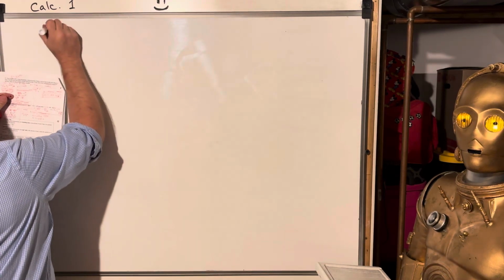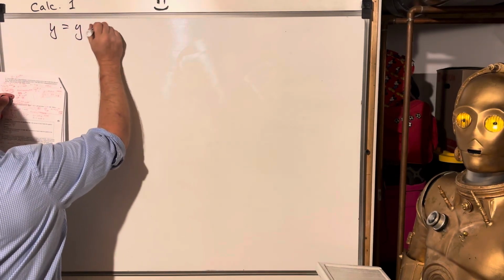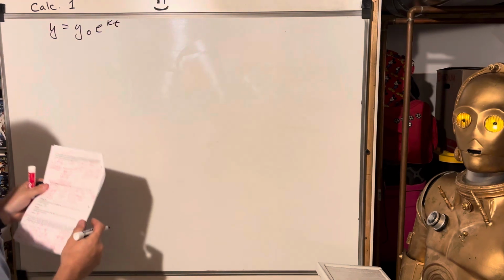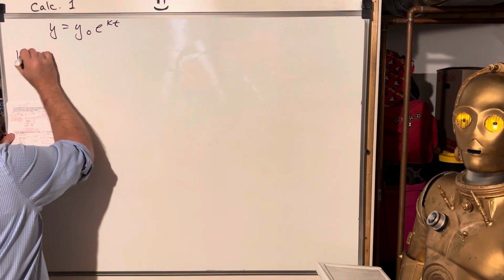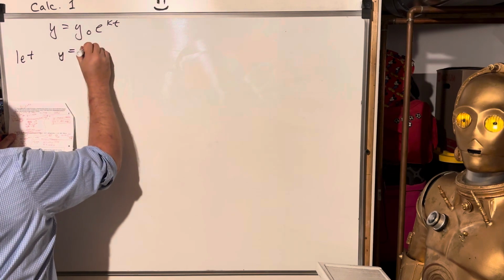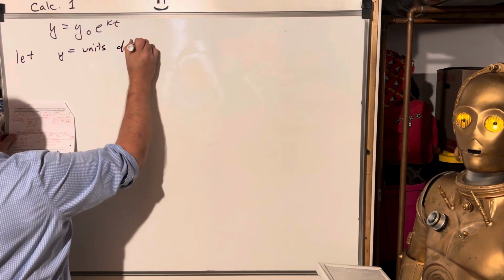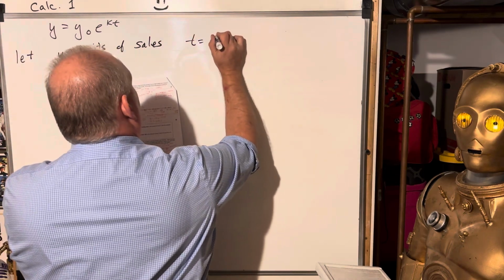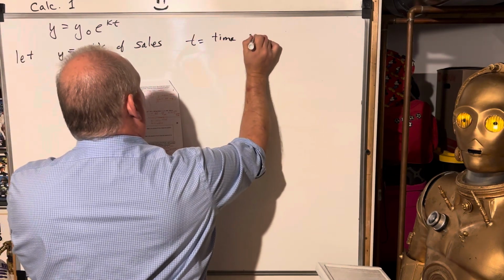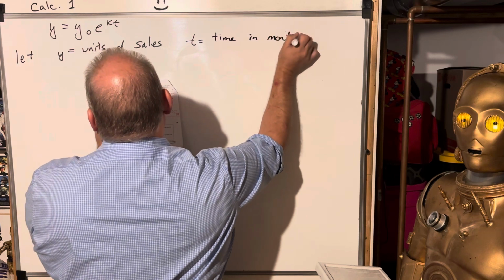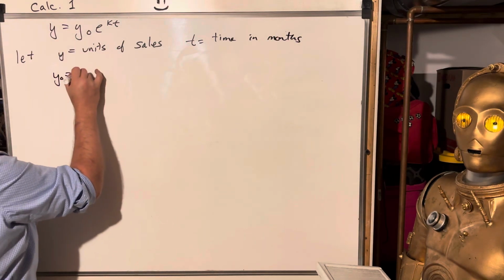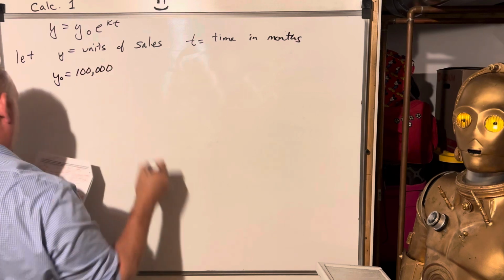So, again, there's our general form. So let y equal the units of sales and t equal time in months. And so we know our initial condition was 100,000.